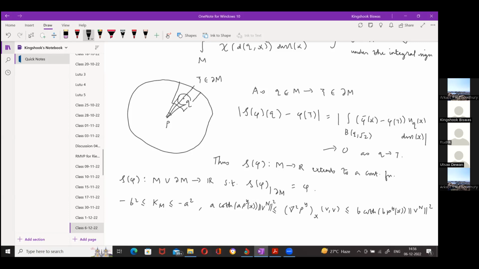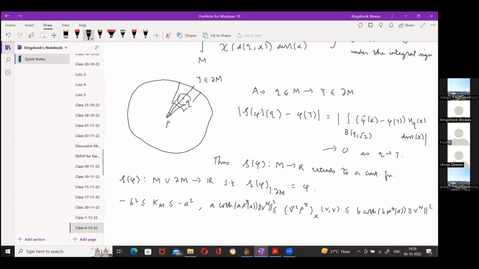Right. So here, the point is that this upper bound, see, coth has a simple pole at the origin. So as the distance between x and y tends to 0, this coth term is going to blow up, and that's not good.